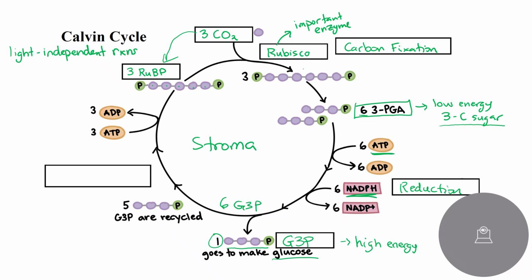The answer is 2. 2 G3P equals 1 glucose. So we need 2 of these cycles to run in order to make 1 glucose. Okay, very good. Good question.